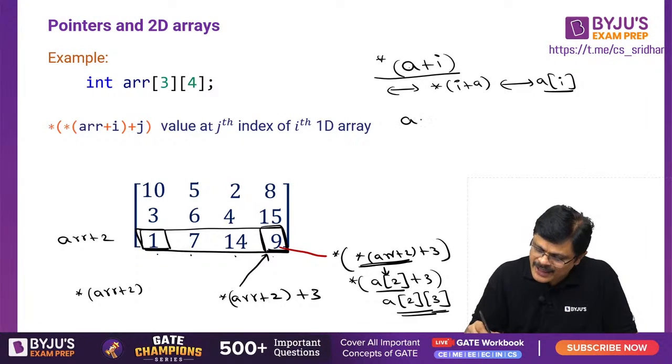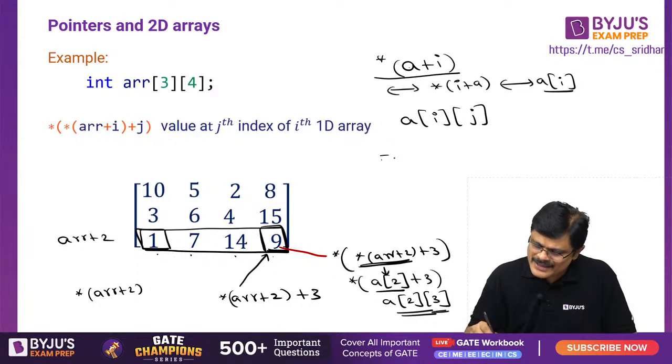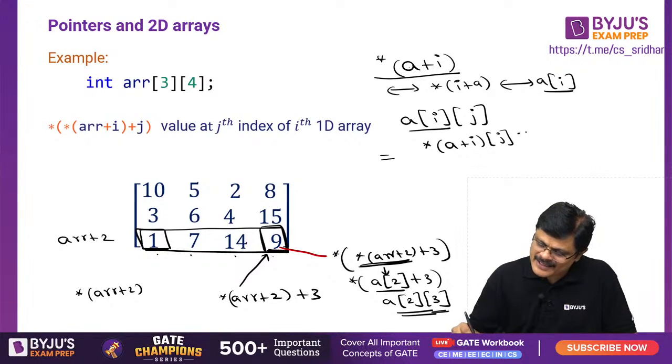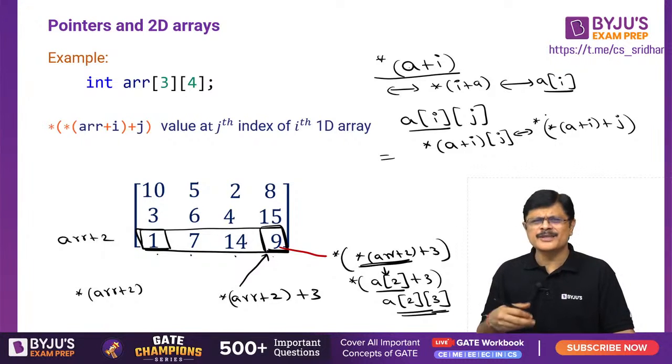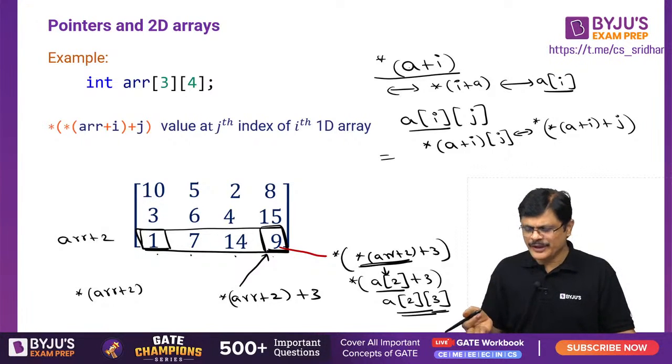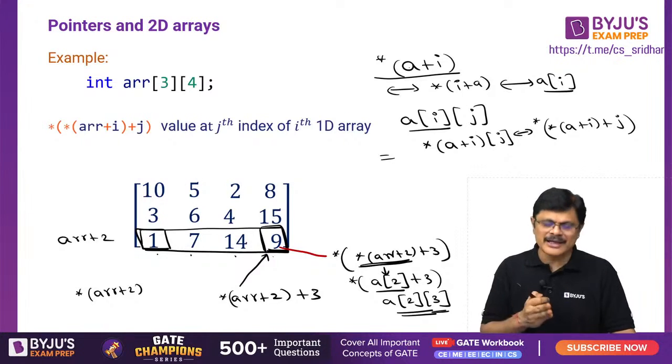So whether you say Aij, what is Aij, my dear friend? First let us see what is Ai. Ai means star of A plus I, j. This can be written as star of A plus I plus j whole star. It's simple mathematics. If you do it, you will understand. Whether you write like this or like this, they are one and the same.